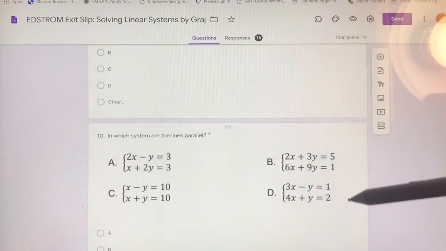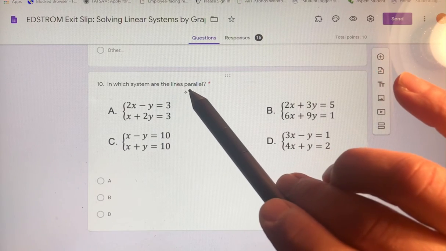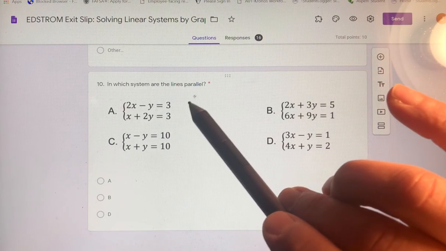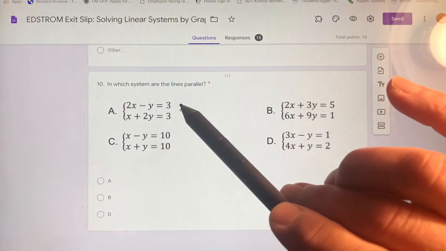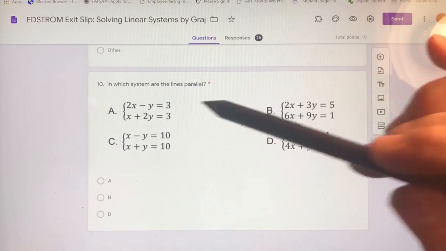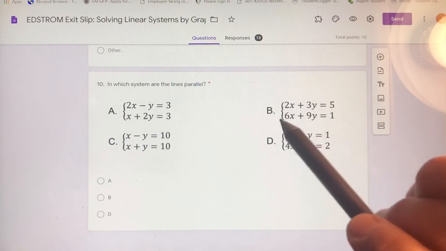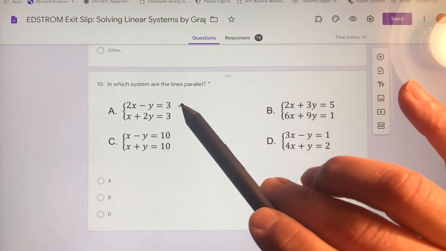And then in number 10, in which system are the lines parallel? One way to do it is to graph all 4 of them on Desmos and see which ones are parallel. The other way to do it is to isolate y.